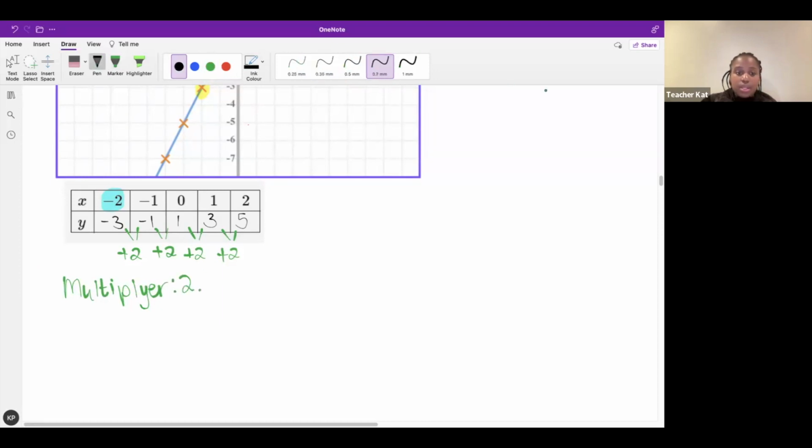All right, so then I start off 2 times -2. What's 2 times -2? -4, but my desired output is -3, so I have to plus 1. That'll give me -3. And we're going to try it again with one more. 2 times 2.